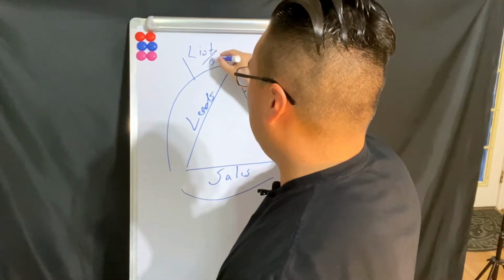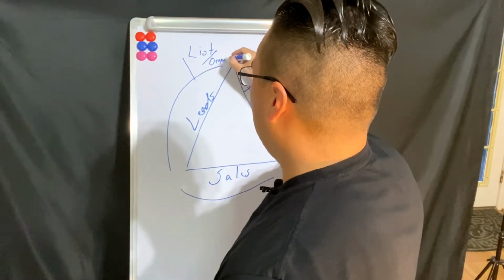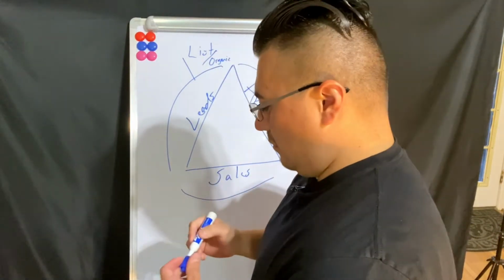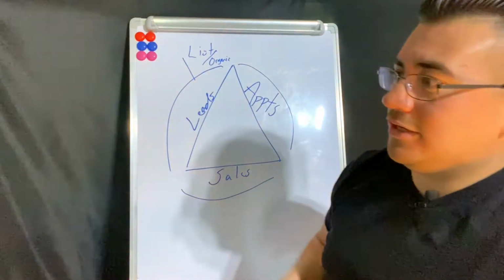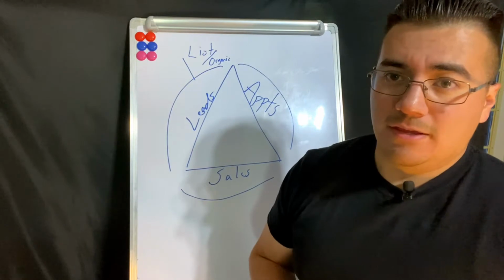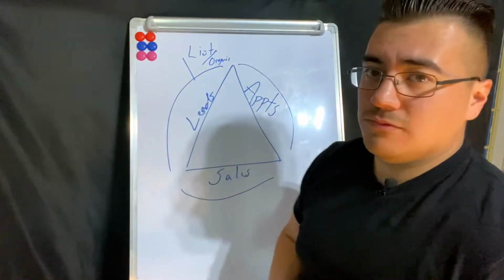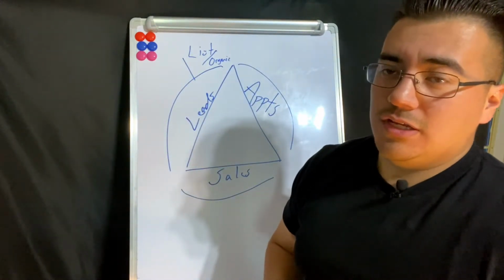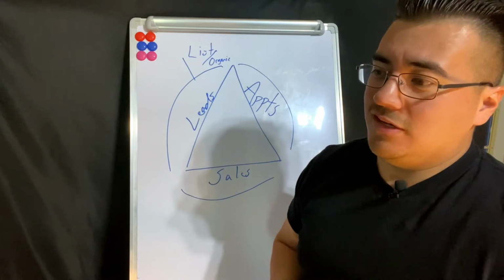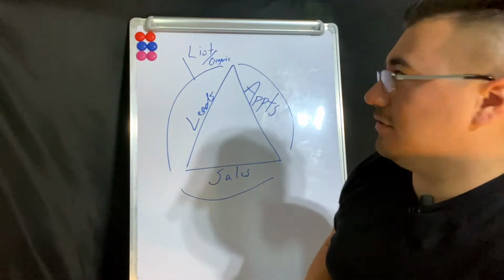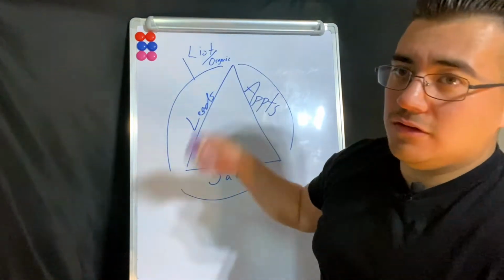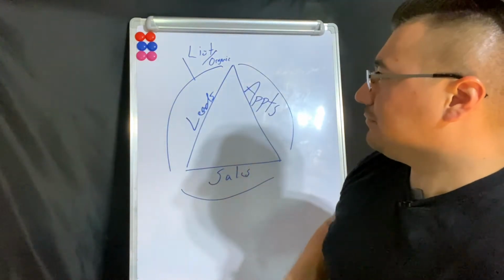This could also be organic. What is the list? The list could be your email list. It could be referrals. It could be, if you had a chatbot, your subscriber list, that sort of stuff. If you have a customer list, like I said, ask for those referrals.